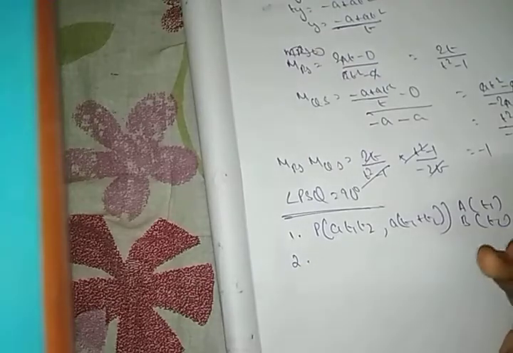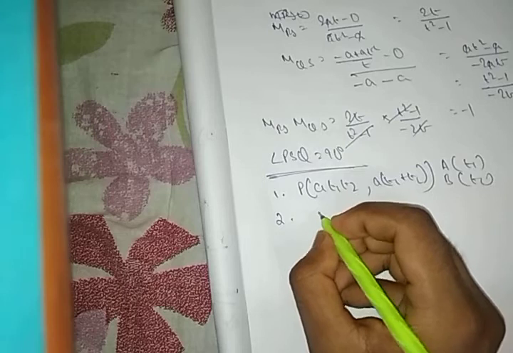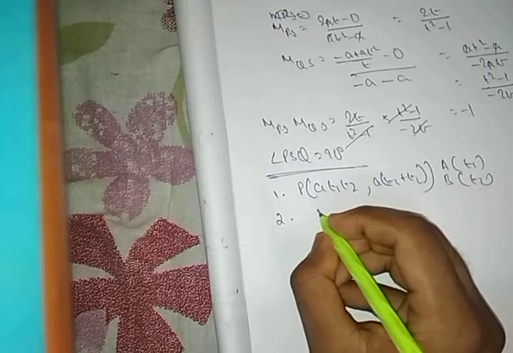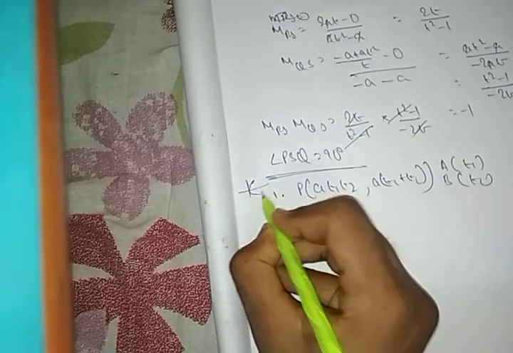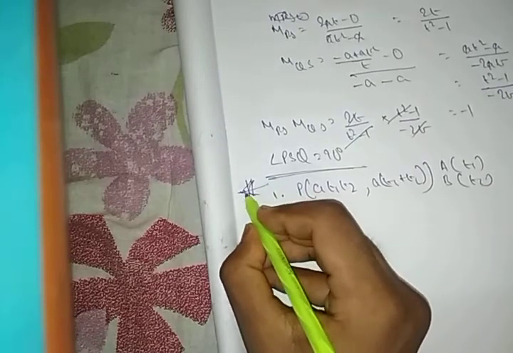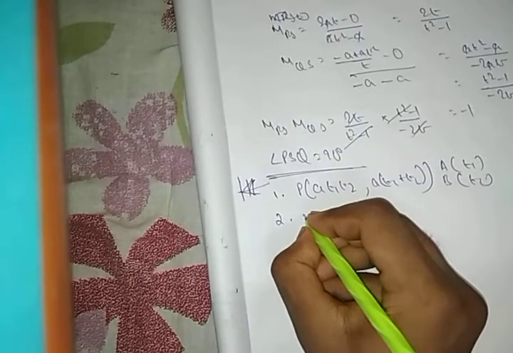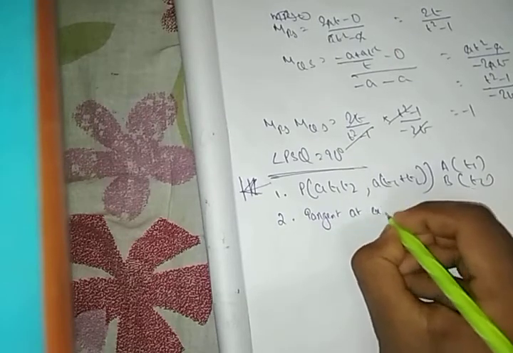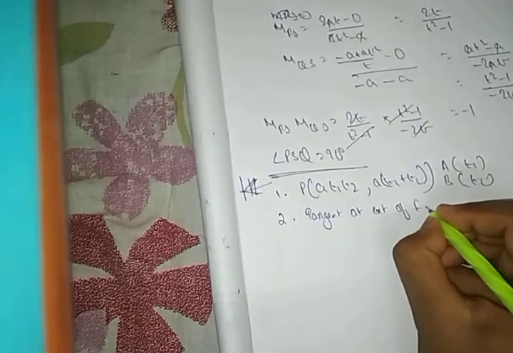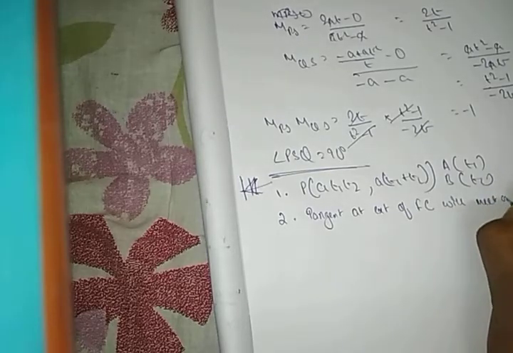And the second property says that tangents at the extremities of a focal chord will meet on the directrix.